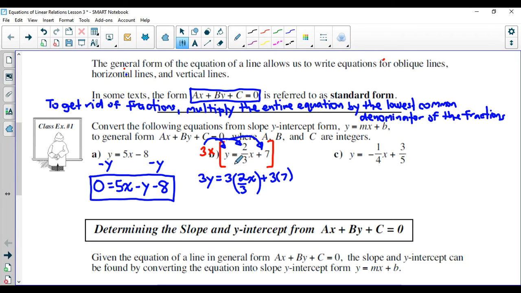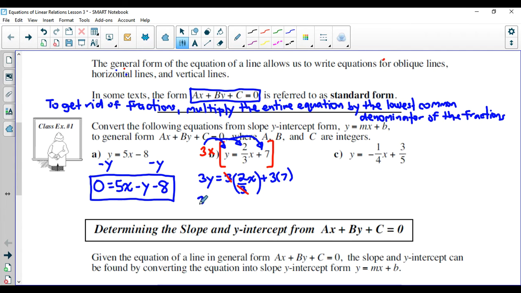Now here's what happens. If you look at the fraction here, so we're going 3 times 2 over 3, you have a 3 on the top and a 3 on the bottom. So these 3's would actually just cancel each other off. So that's why we multiplied the entire equation by the denominator. It's a way of getting rid of the denominator.